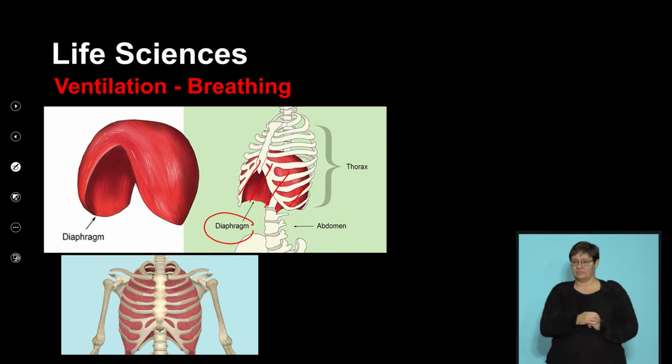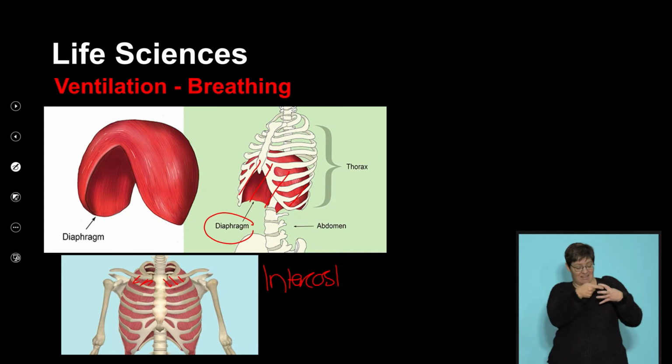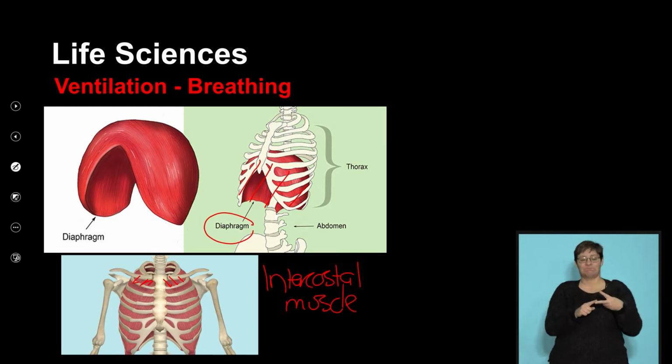In between each of the ribs, I have intercostal muscles. Remember, when we looked at the skeleton, intercostal muscles. And both of those are able to move. And them moving is what allows the breathing process to occur.